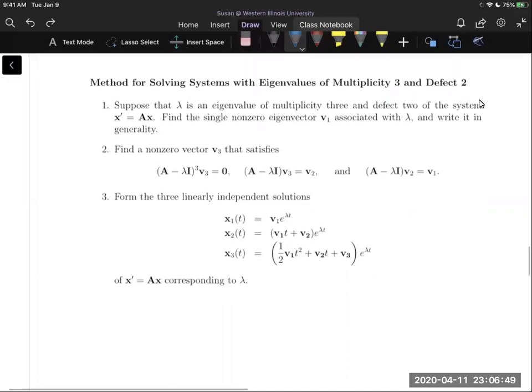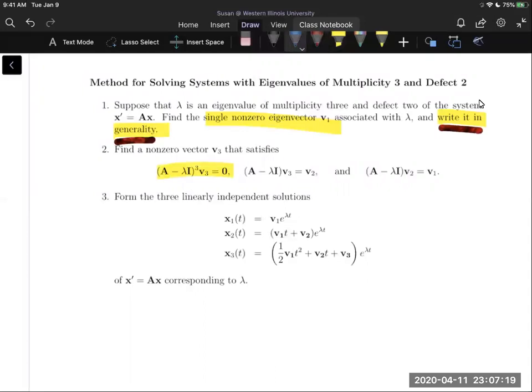All right, so let's go ahead and start the same way we did for the defect 1 case. You're going to find your eigenvalue, you're going to find the single non-zero eigenvector v1, and you're going to write it in generality. Again, that is super important. Write it in generality. Do not make any choices for A, B, or C. Now we come to this chain of equations, very similar to the previous case.